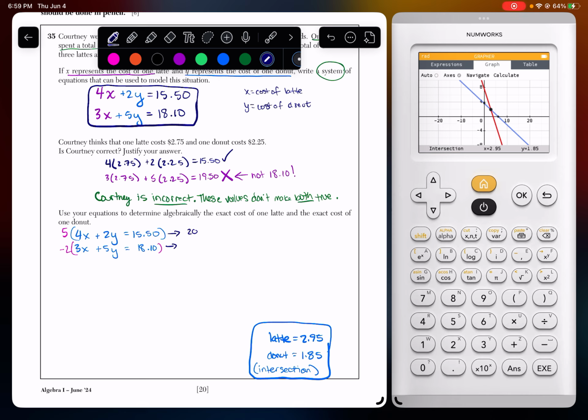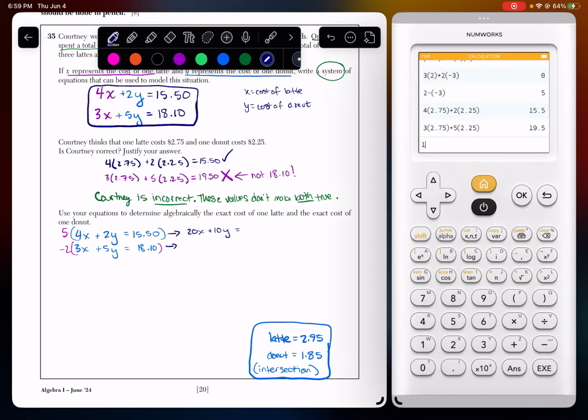We get 20x plus 10y equals 77.5. And then we get -6x minus 10y equals -36.2.